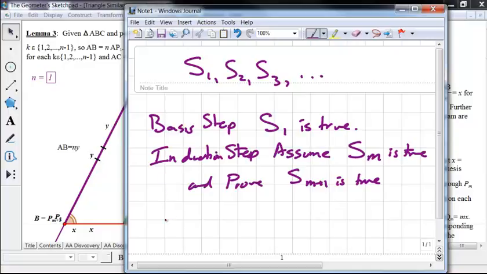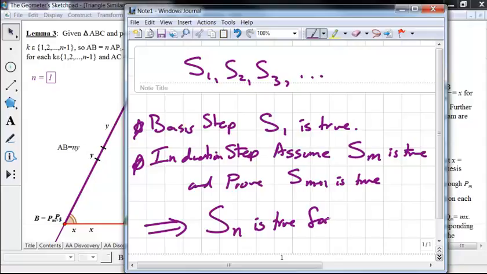And if you can do both of these things, both the basis step and the induction step, then you conclude that the statement Sn is true for all natural numbers n.